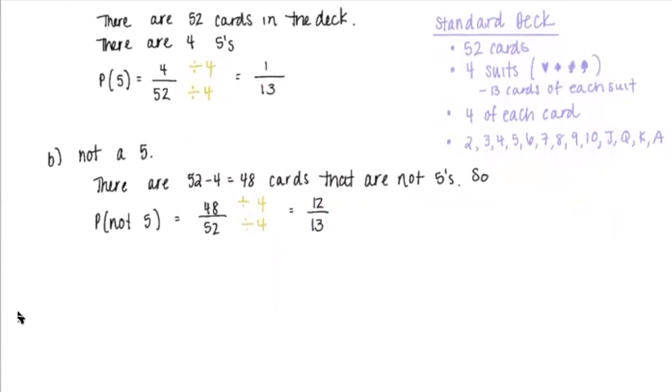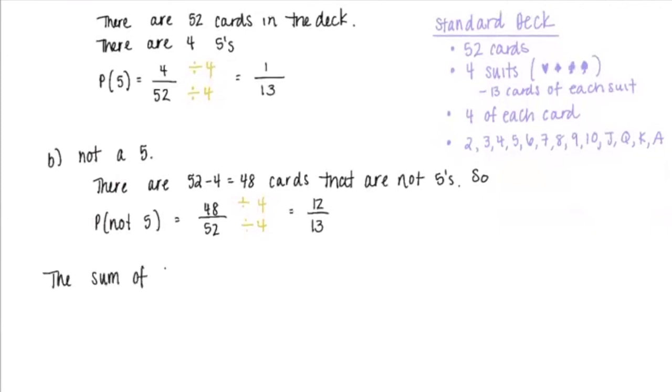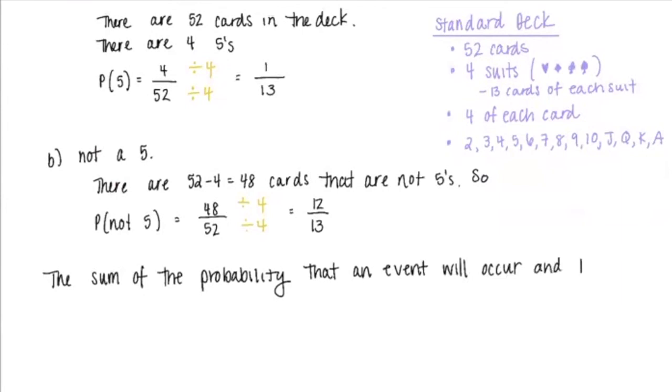So what we can say is that the sum of the probability that an event will occur and the probability that it will not occur is 1.